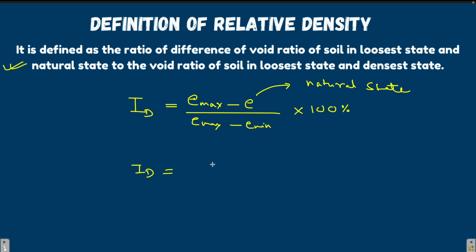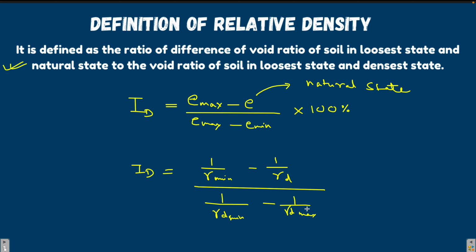We can write relative density as (1 by gamma d minimum minus 1 by gamma d) divided by (1 by gamma d minimum minus 1 by gamma d maximum) into 100. So this is the expression for relative density with respect to the dry density of the soil. So when e is maximum, gamma d will be minimum, and when e is minimum, gamma d will be maximum. So these 2 points you have to know.